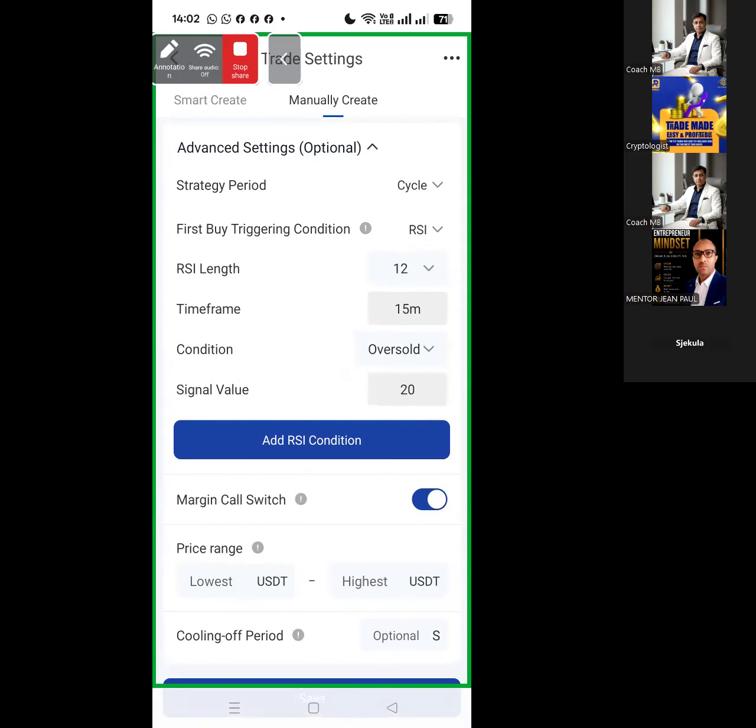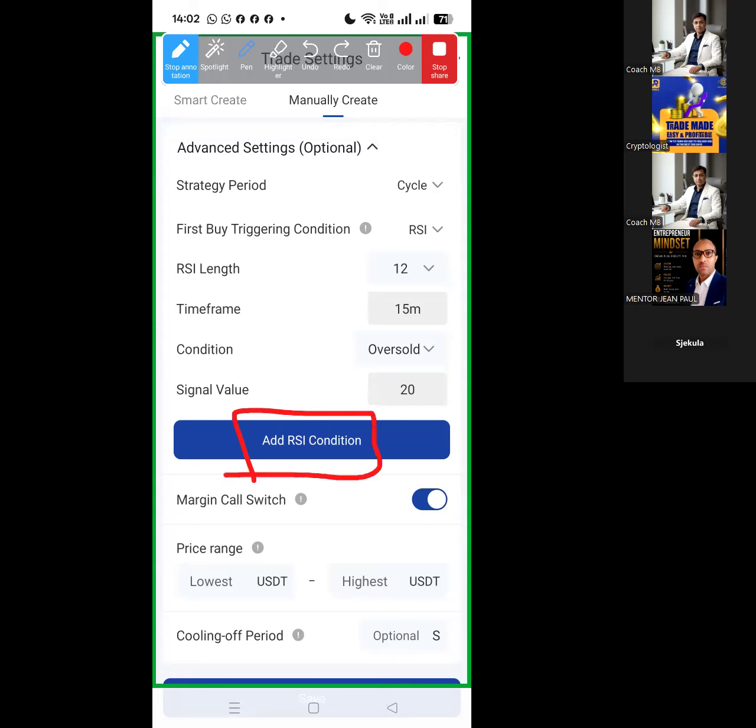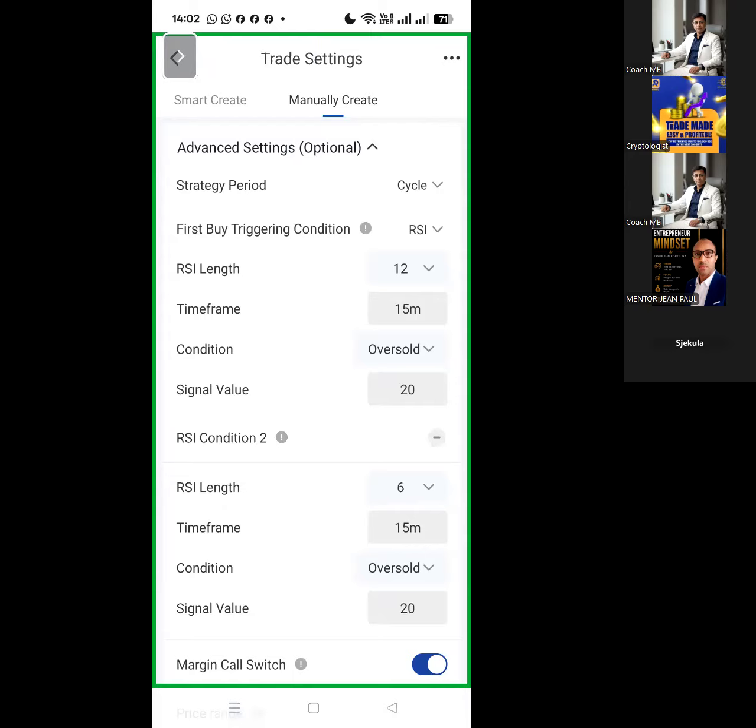And one more thing that we can do here is add another RSI condition. Suppose I want to give two different conditions. Let me do it for you. I click on this add RSI condition.